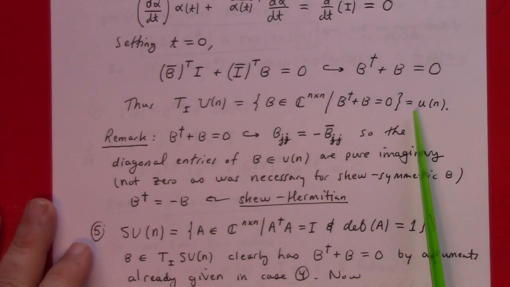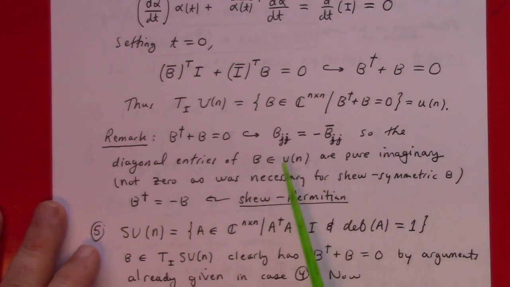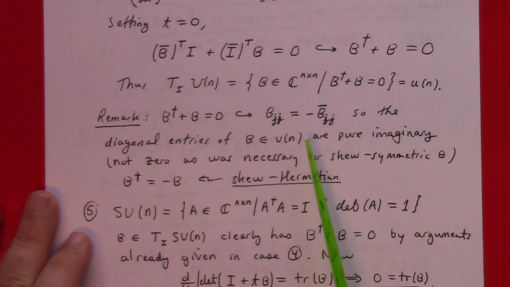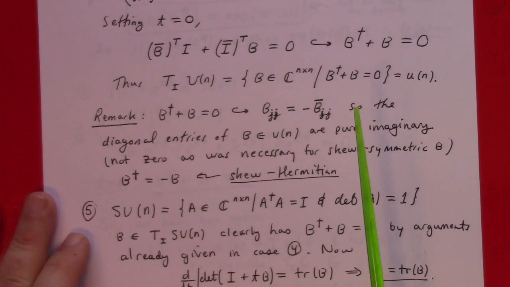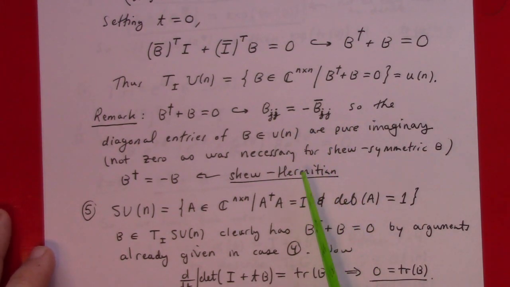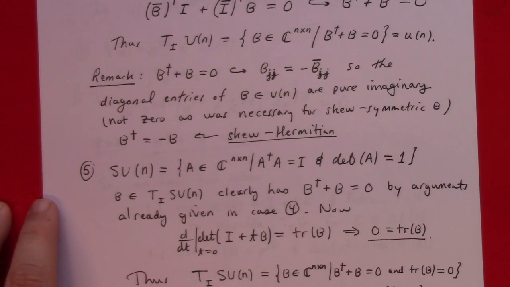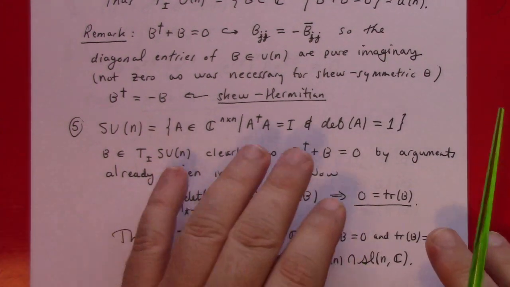This time, u(n) and su(n) do not have the same Lie algebra, because it is not automatically the case that being anti-Hermitian makes the diagonal of the matrix vanish. You just get that it's pure imaginary, so it's not 0. On the other hand, su(n) adds that additional determinant condition, which forces the traceless condition, in addition to the skew-Hermitian condition on the Lie algebra.